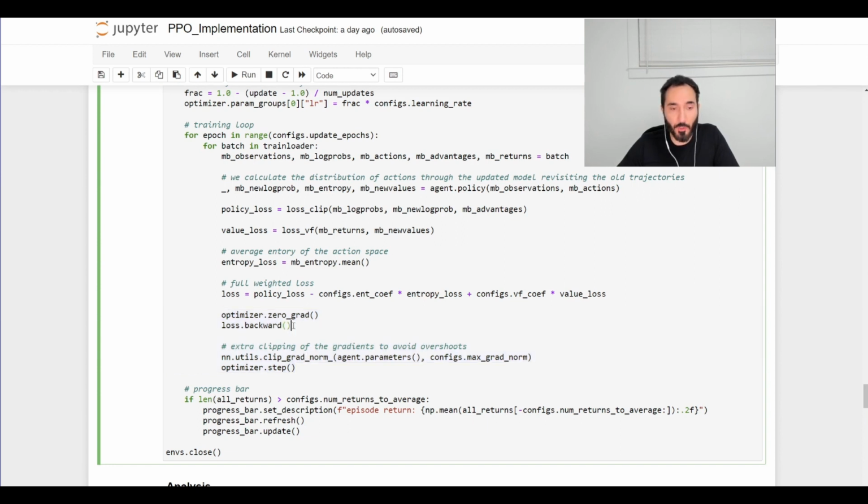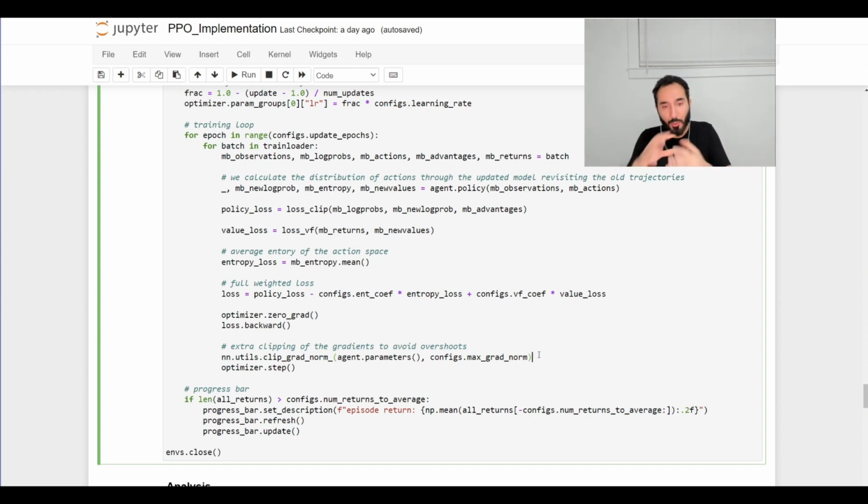This is the standard PyTorch backpropagation, except that it has this extra term here, which is that sometimes if the gradient gets very large, I clip it. This is again some common practice that you do to avoid overshoot. Note that training RL is a lot more finicky compared to the training of, for example, a visual model or natural language model.